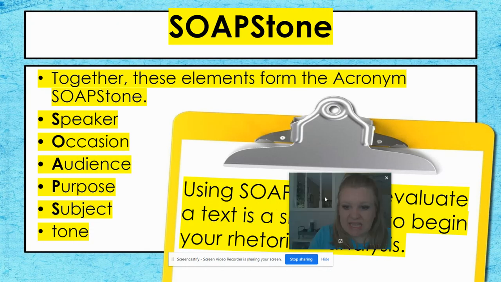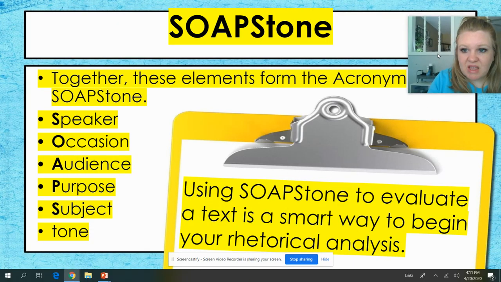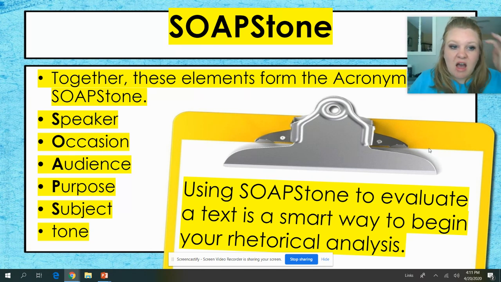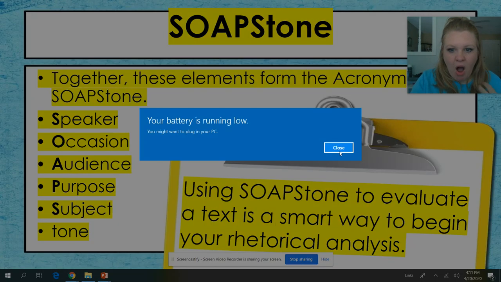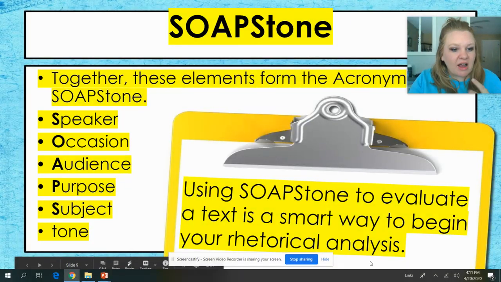So the last thing to wrap this all up, SOAPStone. Okay, this is how we're going to begin to think about how an author communicates effectively. SOAPStone stands for speaker, occasion, audience, purpose, subject, and tone.